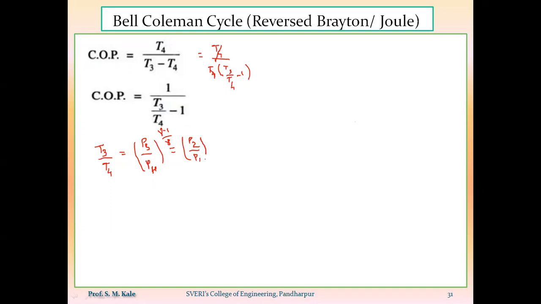So it is equal to P2 by P1 raised to gamma minus 1 upon gamma. Are you getting? So instead of T3 by T4, I can write P3 by P4 raised to gamma minus 1 upon gamma, or P2 by P1 raised to gamma minus 1 upon gamma.